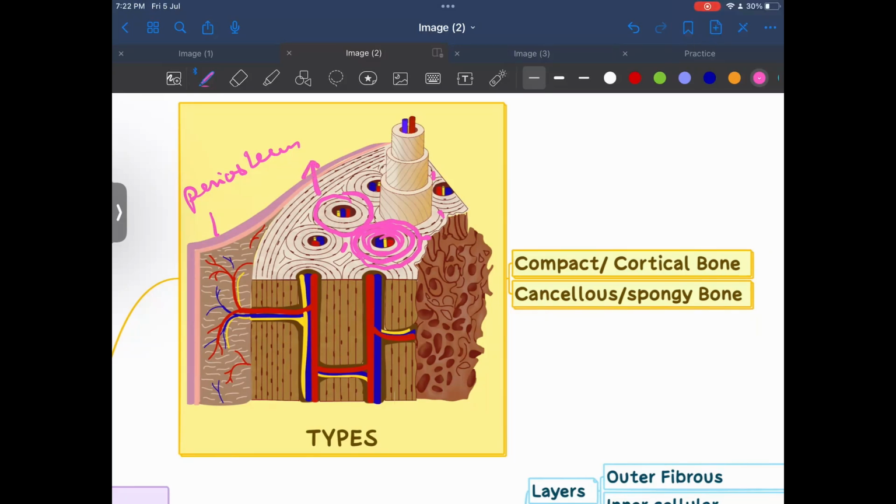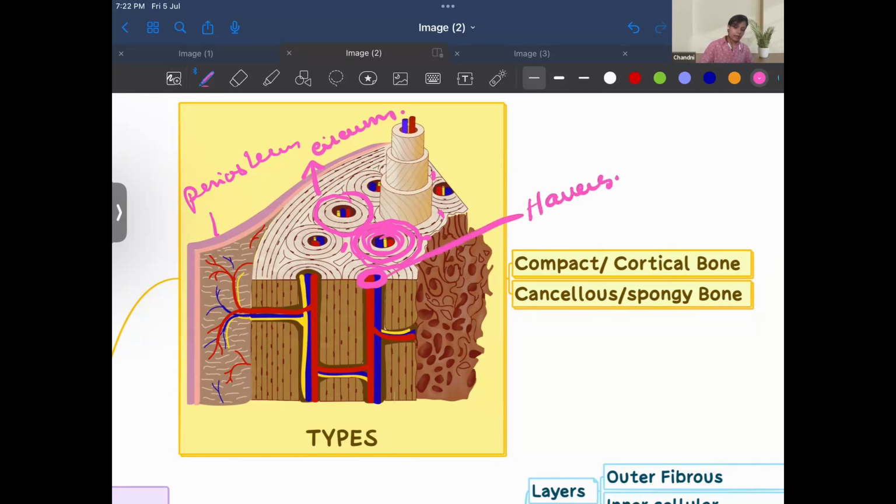And this here is the circumferential lamellae. This portion is called the Haversian canal. And here, adjacent Haversian canals communicate with each other through the Volkmann's canals.